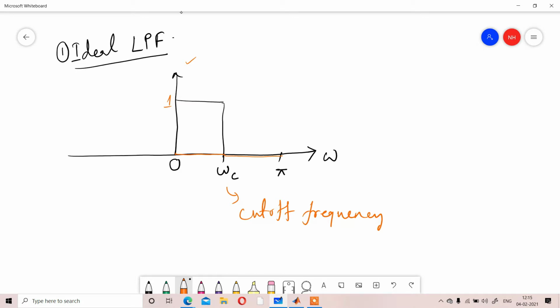So this is basically the characteristics of the ideal low pass filter. This is the positive part, that is 0 to pi you have considered. The negative part will also be the same, and it will come to minus pi.